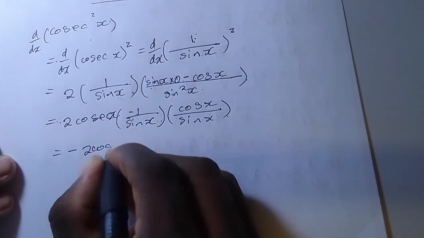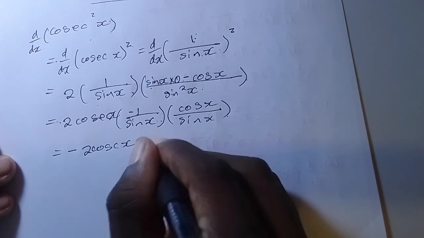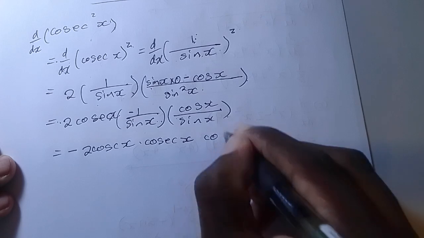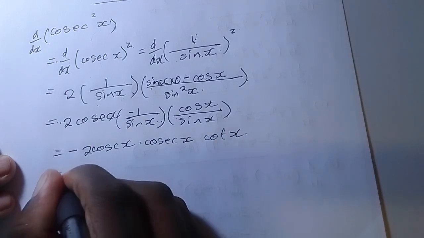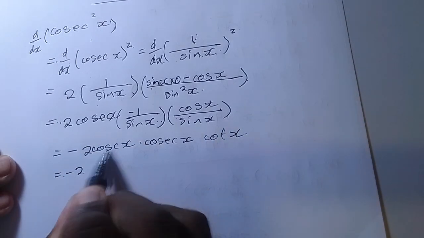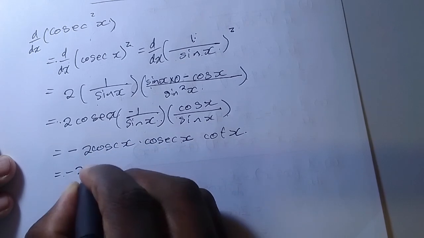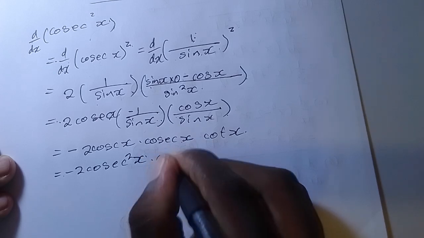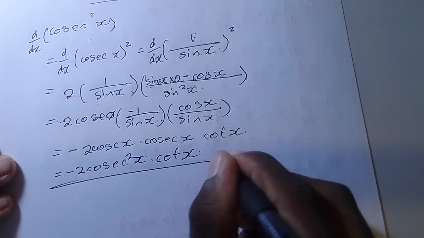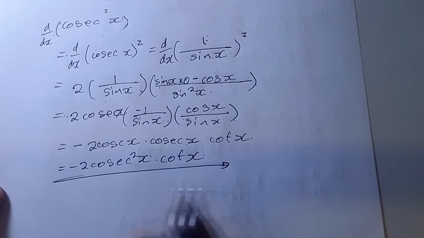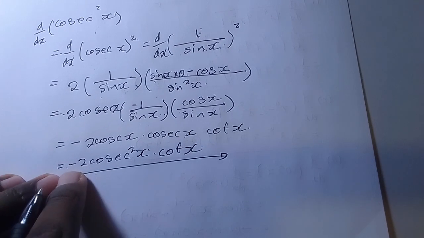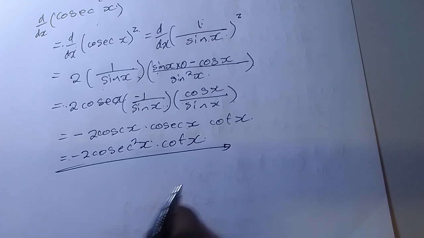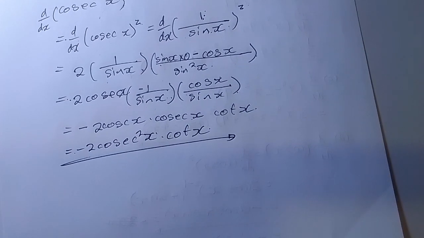This is cosec, so you have cosec x multiplied by cosec x times cot x, and then you have minus 2 cosec times cosec is cosec squared x times cot x. That is your answer. It's better. Usually the most simplified version is the one that doesn't have any division, so I think this is the most simplified version of this. Alright, let's continue.